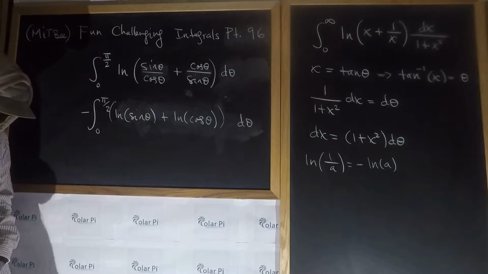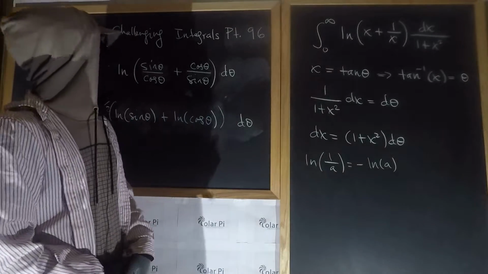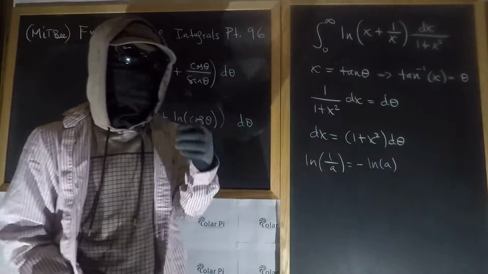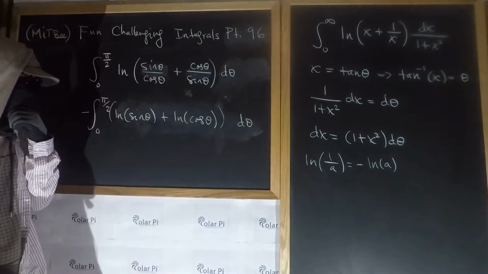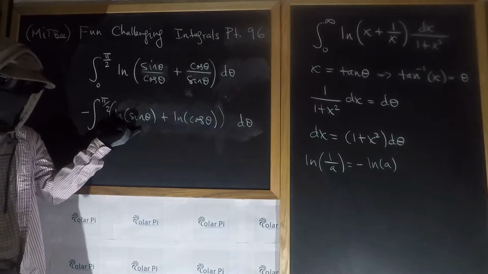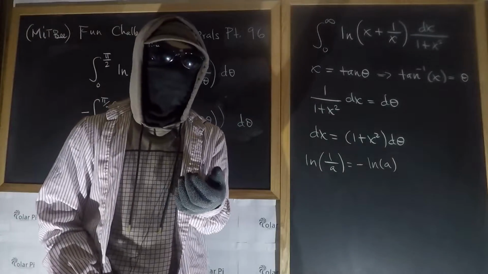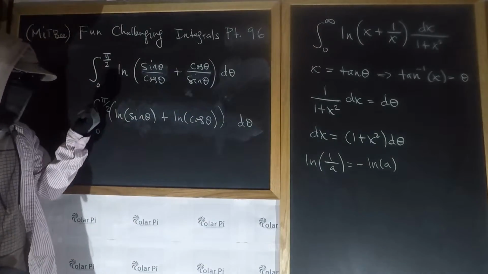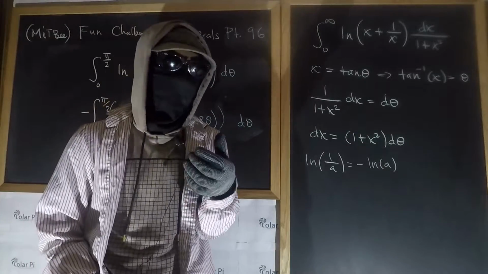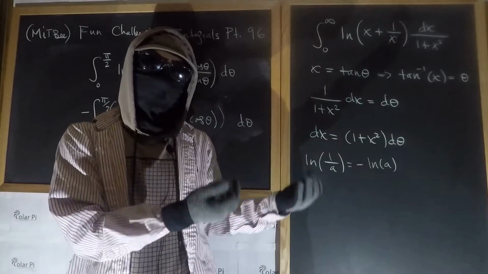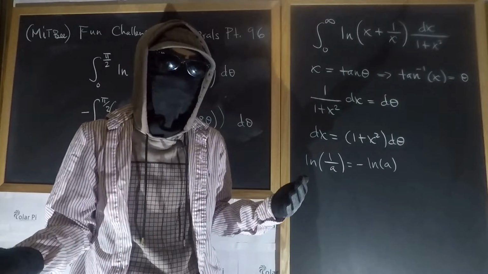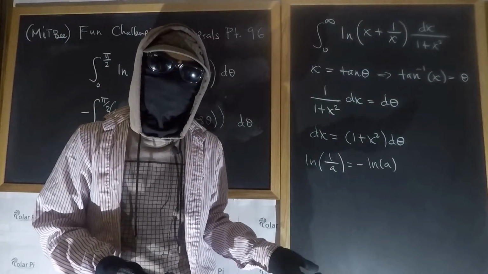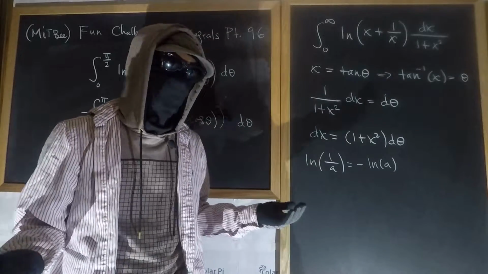Now in Fun Challenging Integrals Part 79, I show you how to do the integral of the natural log of sine theta from 0 to pi over 2. And there we said that the integral from 0 to pi over 2 of the natural log of sine theta d theta is the same as the integral from 0 to pi over 2 of the natural log of cosine theta.